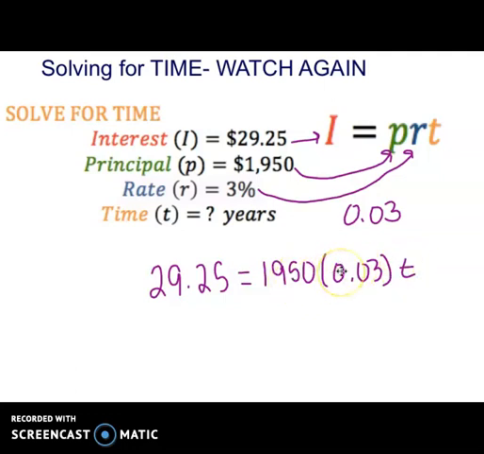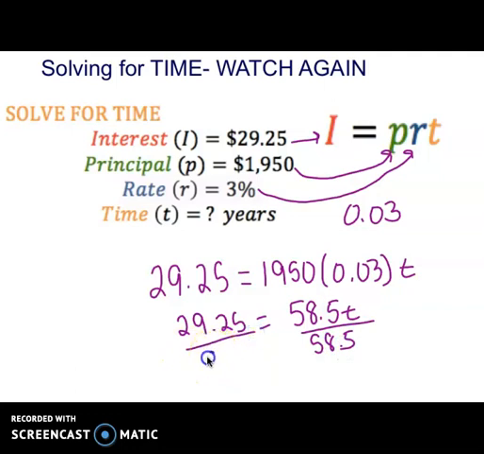Now, this means multiply, right? So I take 1,950 and multiply by 0.03, and I get 58.5t equals 29.25. And I divide by 58.5.